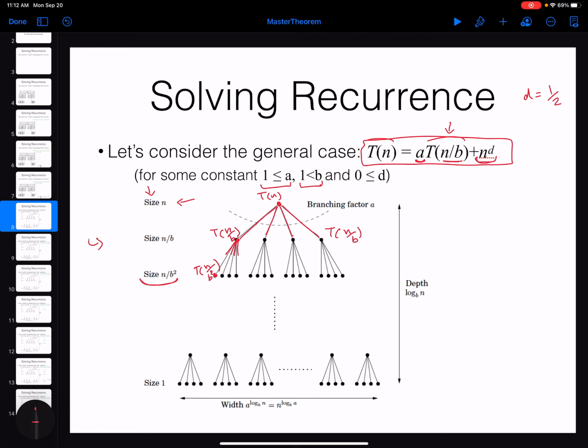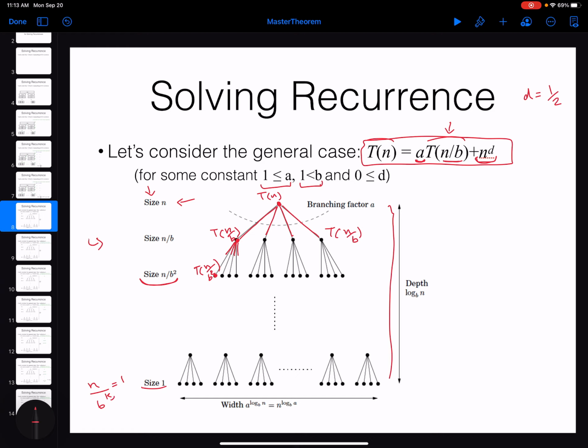What is going to be the depth of the tree? The depth of the tree is when you reach the size of 1. So n divided by b power k will be equal to 1.